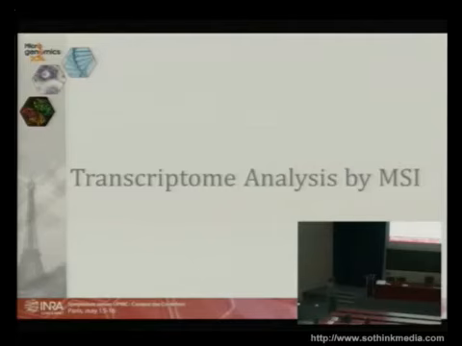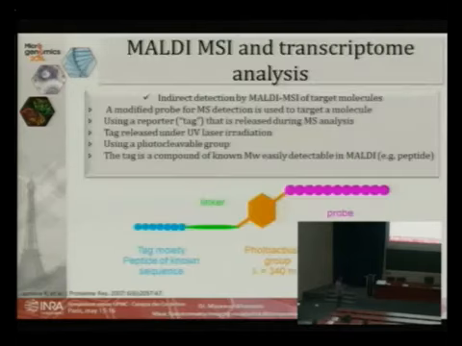Okay, I will just conclude by also showing you that you can realize transcriptome analysis by using multi-mass spectrometry imaging. To realize this, we developed a modified probe with a tag reporter linked with a photo-activable linker here.